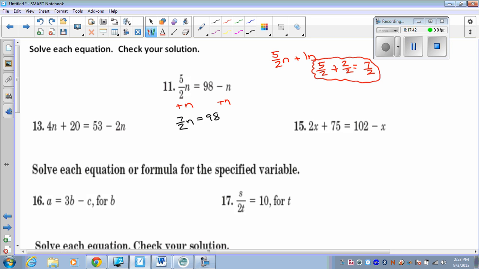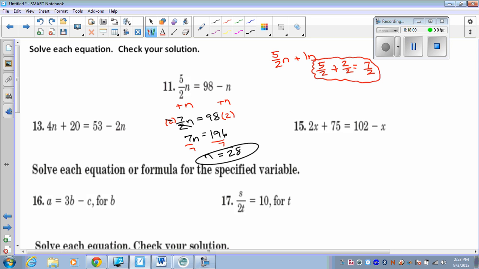Let's get rid of that 2 by multiplying both sides by 2. You end up with 7n equals 196. Divide by 7. And you end up with n equals, what is that? 2 7s is 14, 56, so n equals 28.